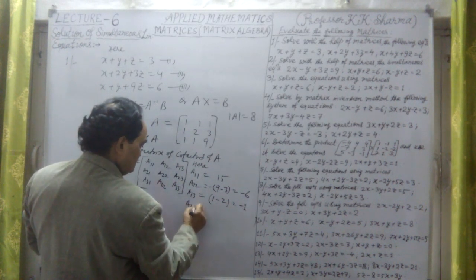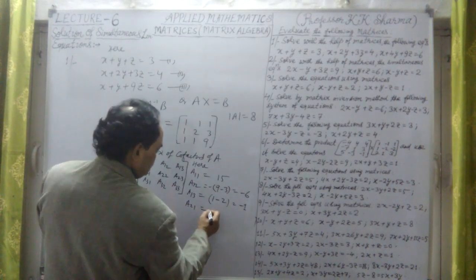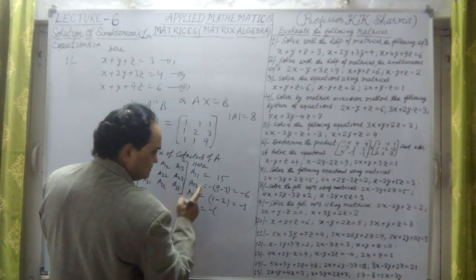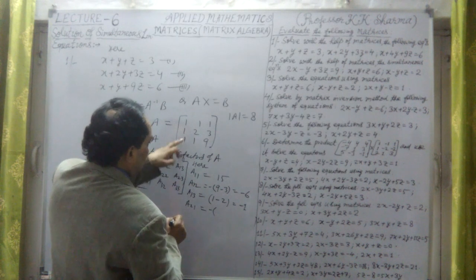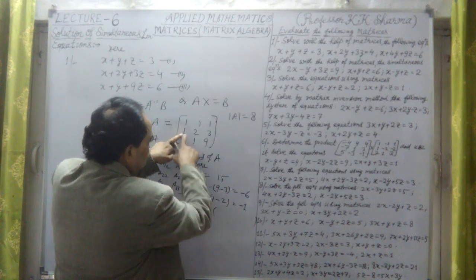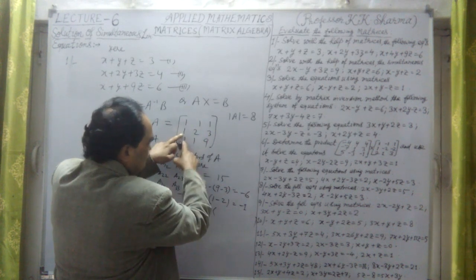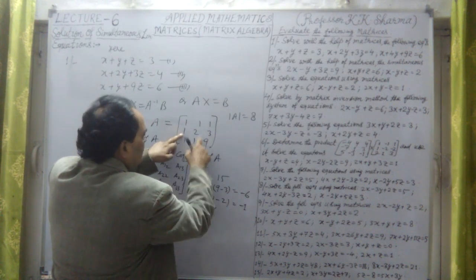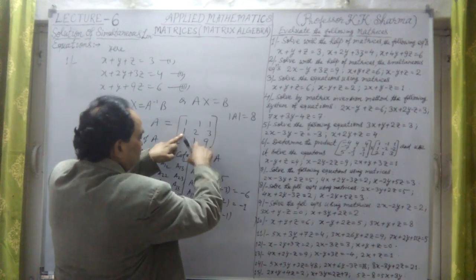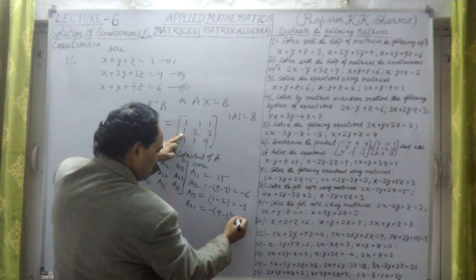Then A21. A21 is also negative because this is 2 plus 1, the negative value of this one. This column is cancelled out, 9 times 1 is 9 minus 1. This is 1, so 9 minus 1 is minus 8.